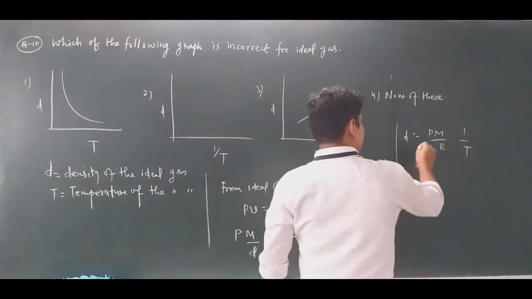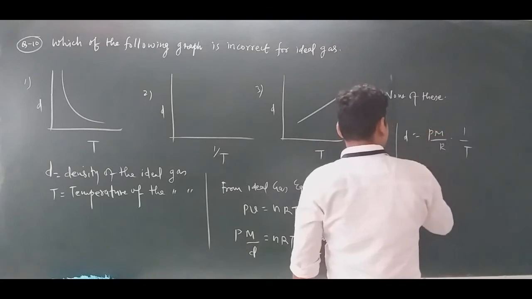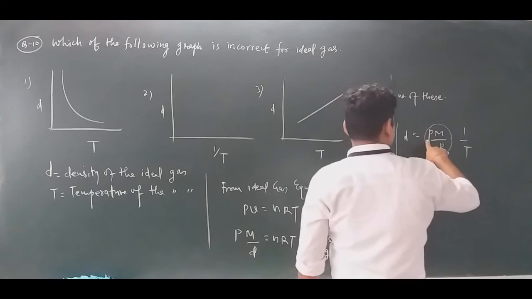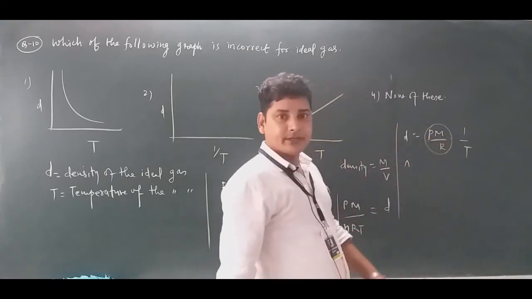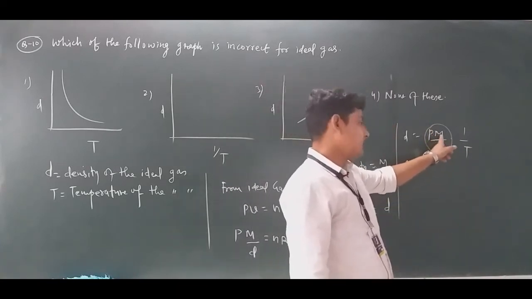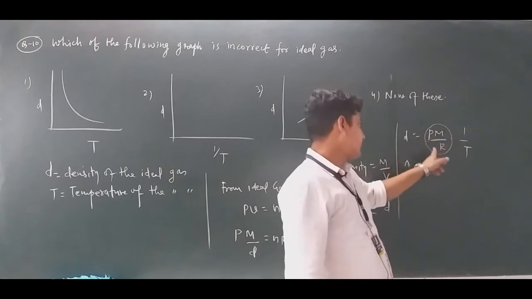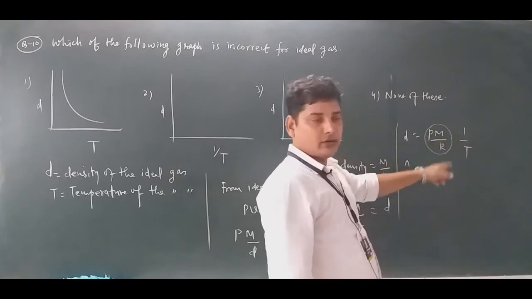So we are observing here that at constant pressure the entire term is constant. If pressure is constant, mass is constant, and R is the gas constant, the entire term will be constant.